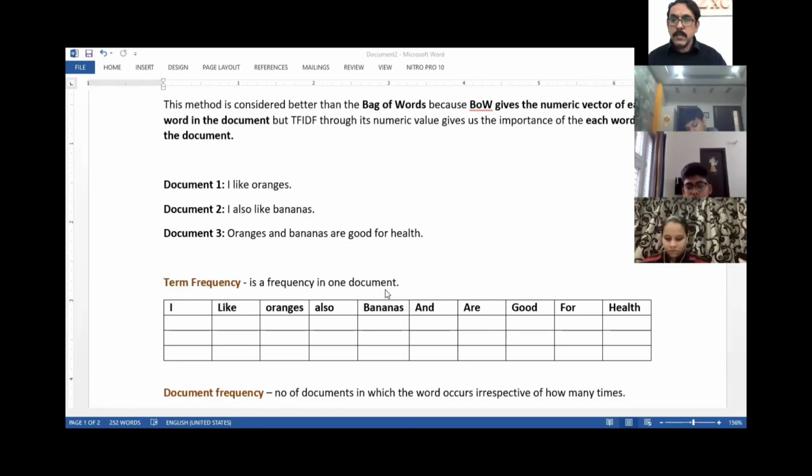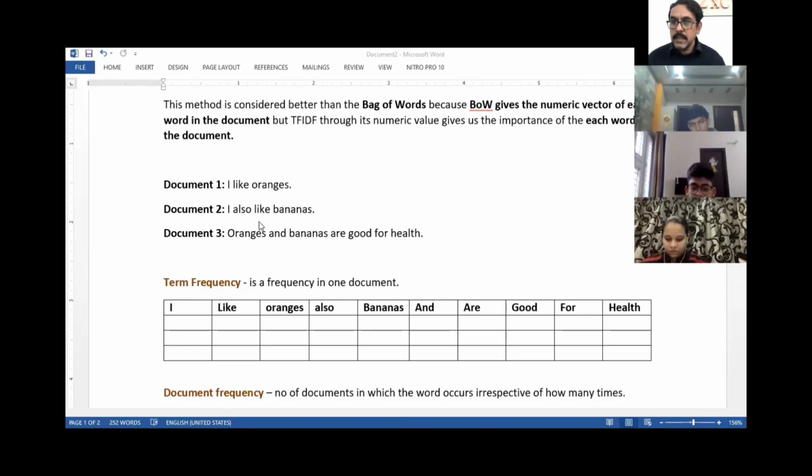It depends on the frequency of the word in one document. Now try to understand how I have written this. I like oranges. In the second document, "I" is already there, so I am not writing "I" again. "Also" was not mentioned, so I have written "also."